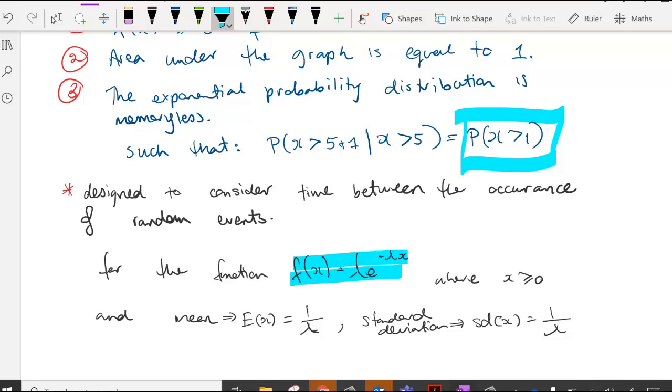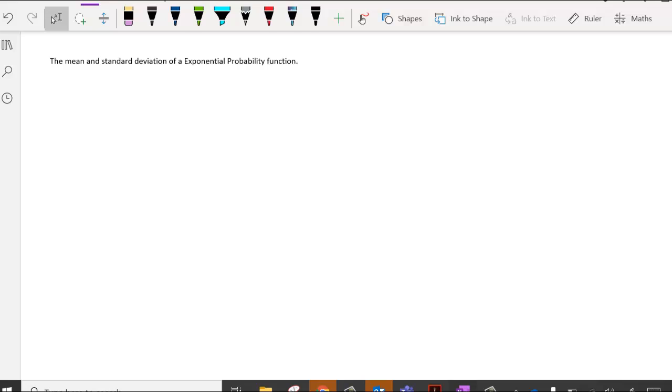Okay, I'm going to prove the mean and the standard deviation for you. For the mean, we know that E(X) is the integral between negative infinity and infinity of x f(x) with respect to x. You would have used a rule similar to this when you were looking at your discrete probability distributions. It's a sum of all the products of the probabilities and the number.